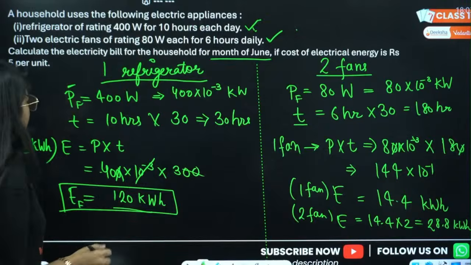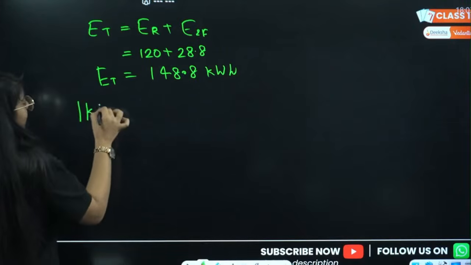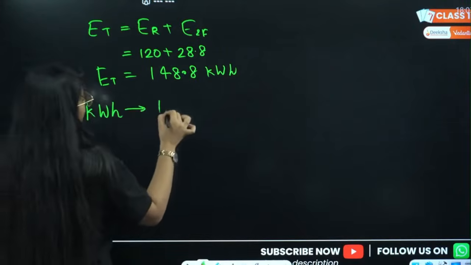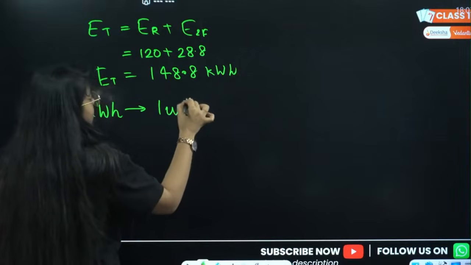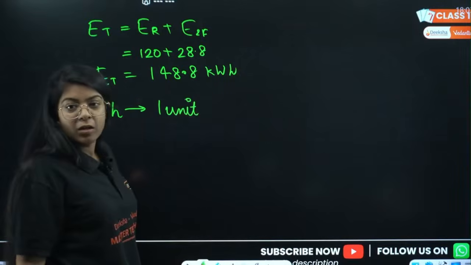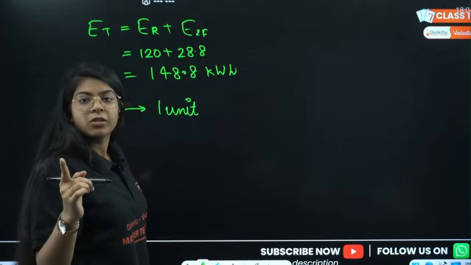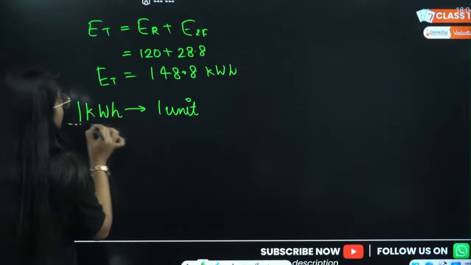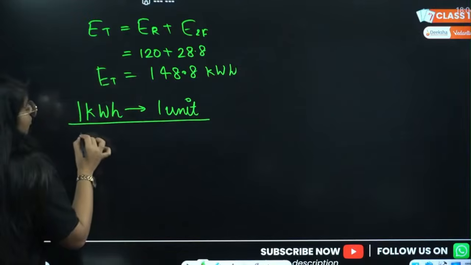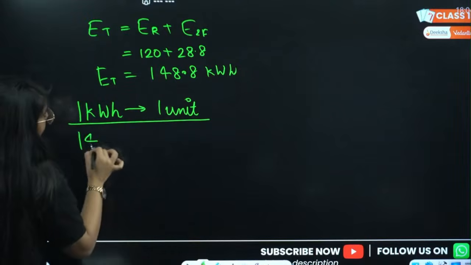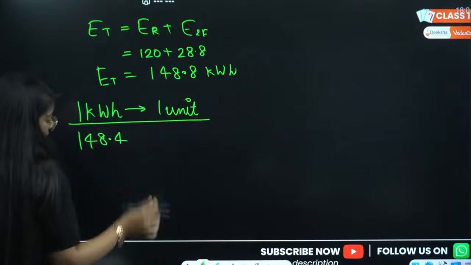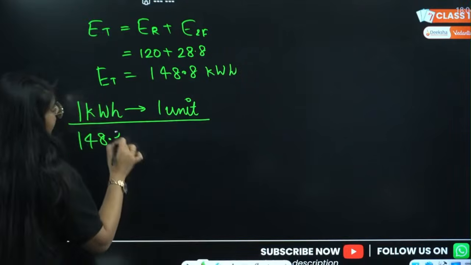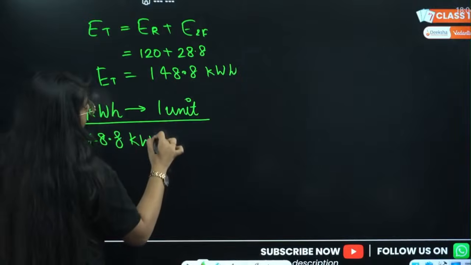Now, what was the cost of 1 unit? 5 rupees per unit. Now 1 kilowatt hour is equal to 1 unit, right? We know this. Everyone knows this, right? So we have 148.8 kilowatt hours.